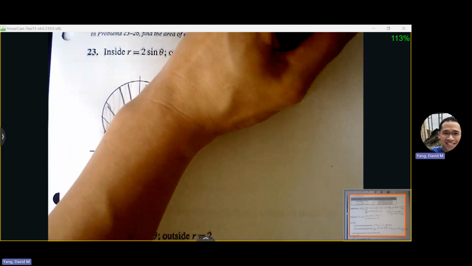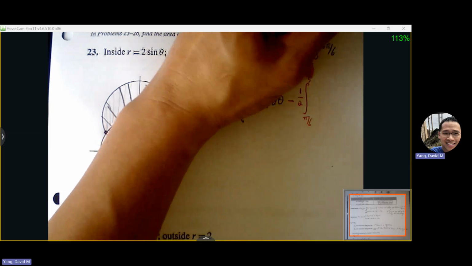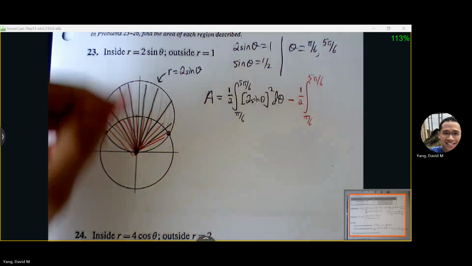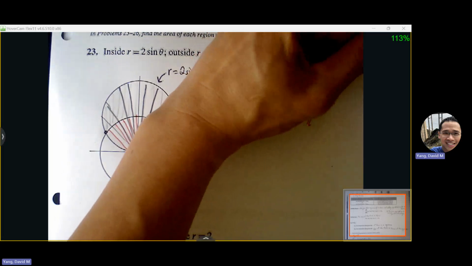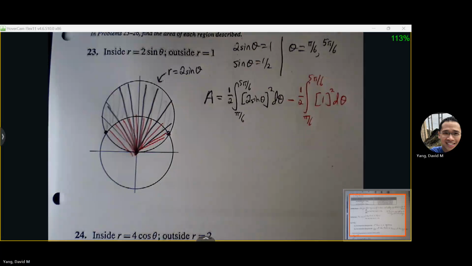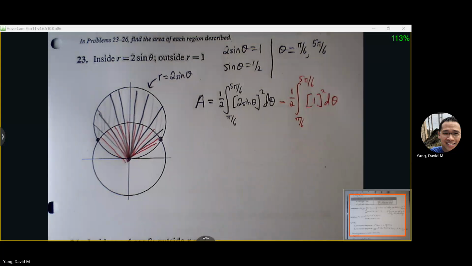So minus 1/2 integral from pi over 6 to 5 pi over 6 inside this r equals 1 equation. So 1 squared d theta. Any questions?